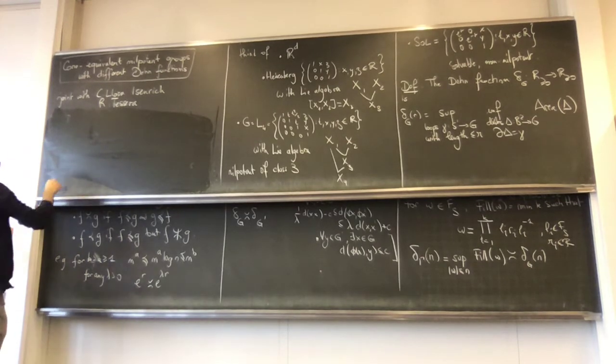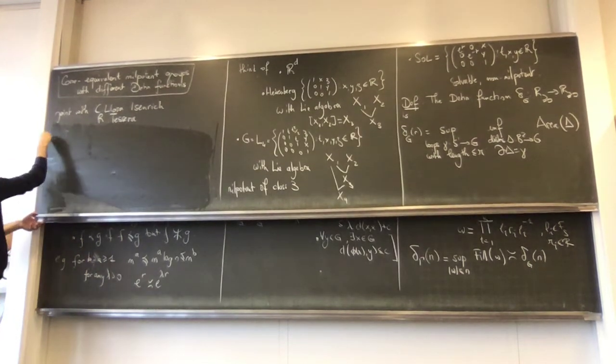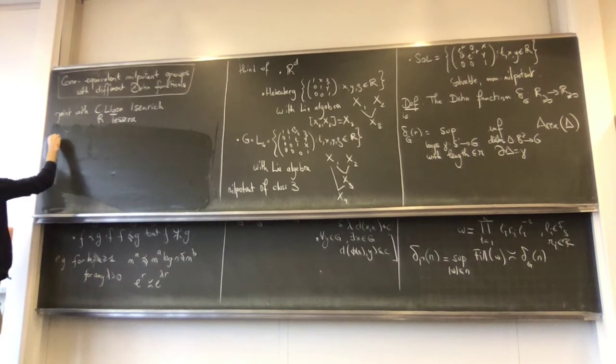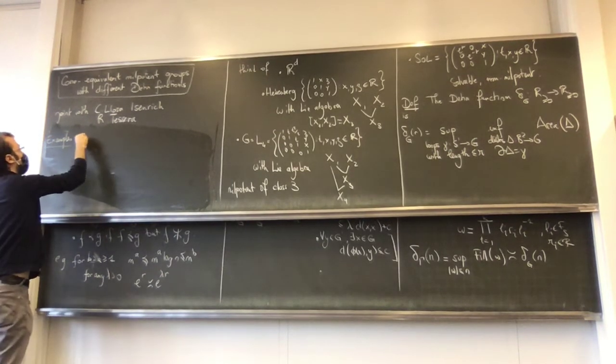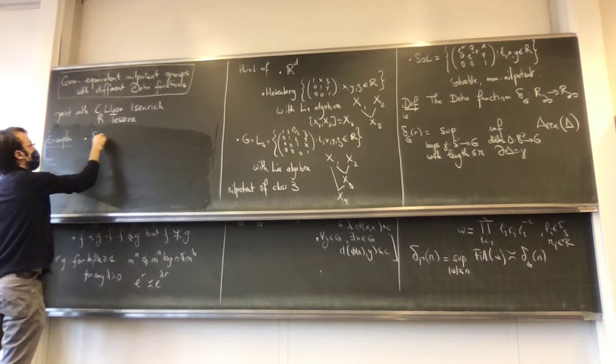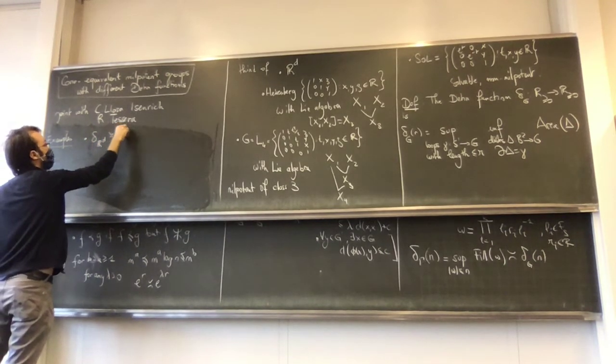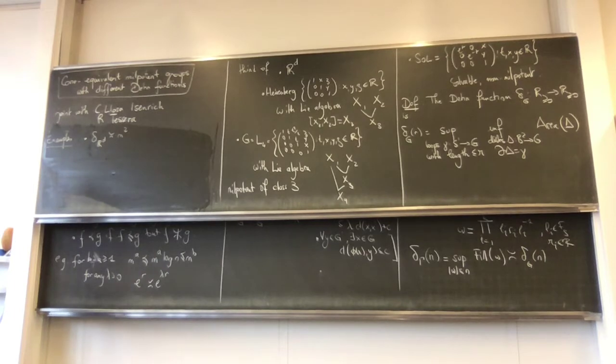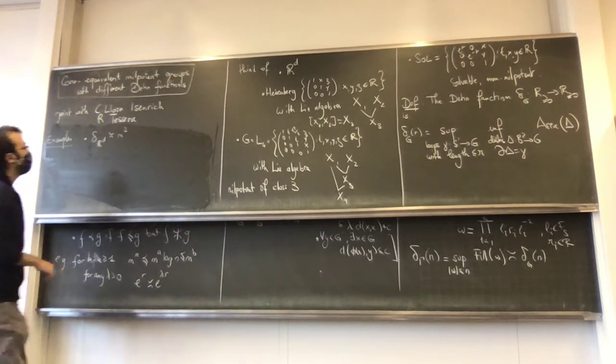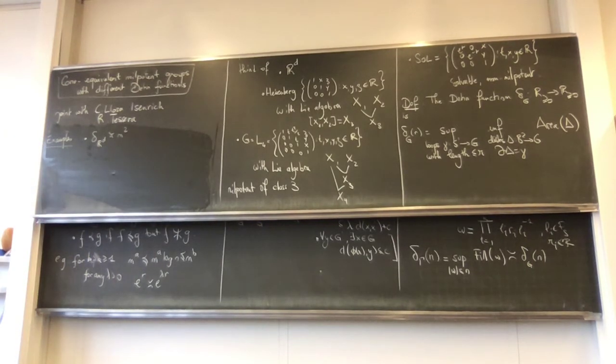Examples. So for R^d, it's n squared. I assume that d is greater than or equal to 2. Okay, so this is for R^2. This is like the isoperimetric inequality in the plane.